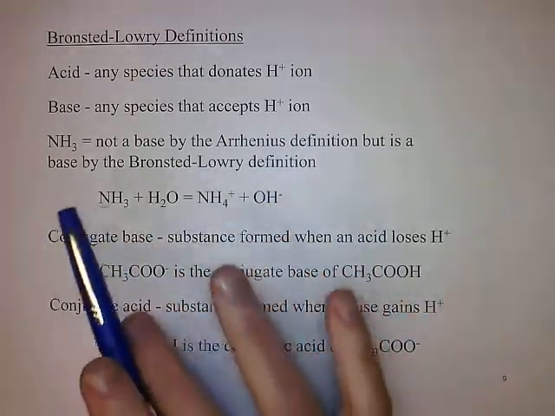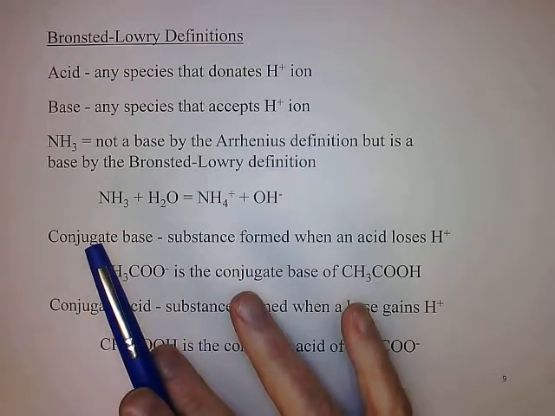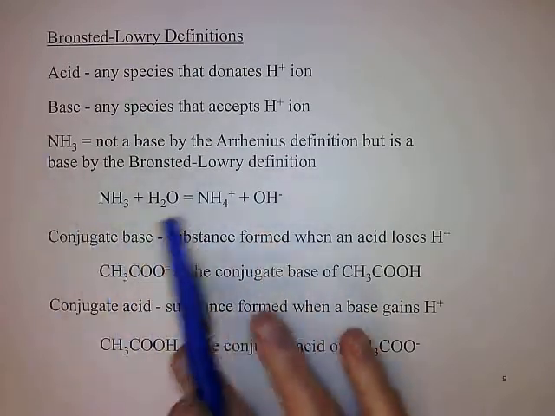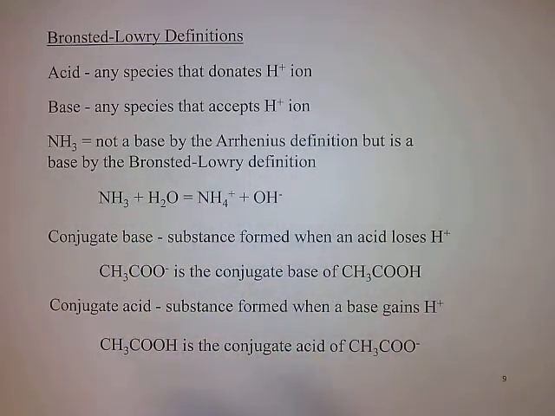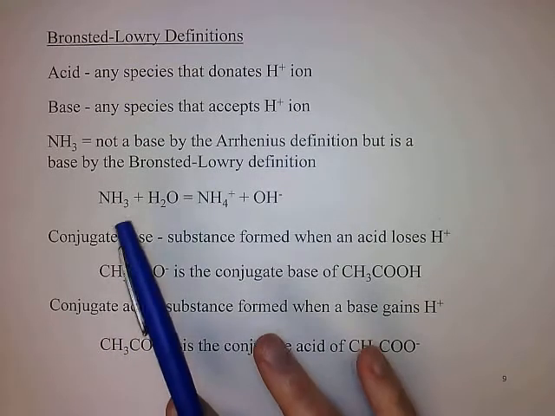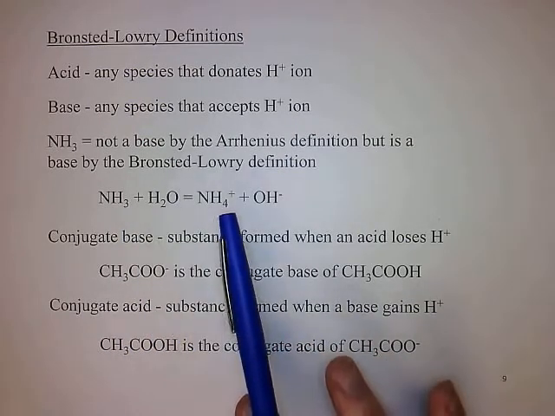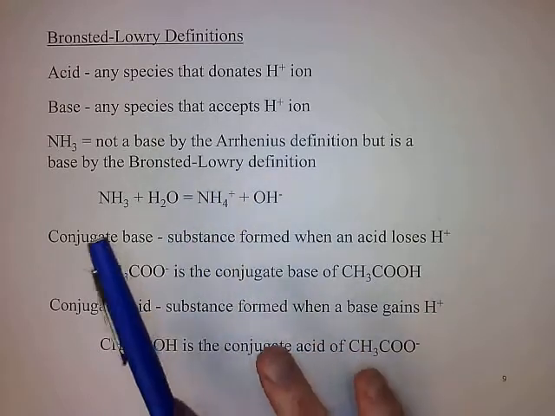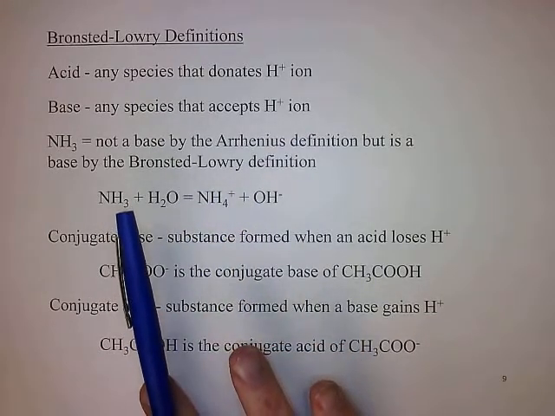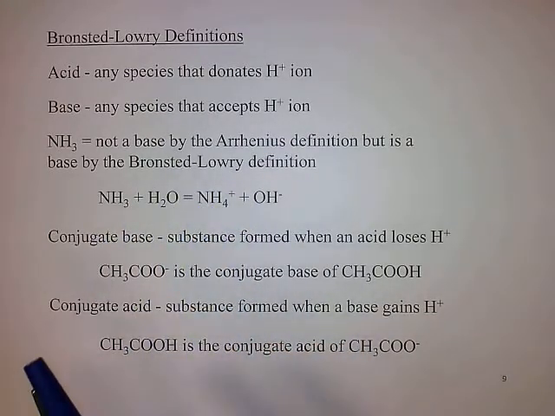The solution is basic because the ammonia reacts with water to form ammonium ion. In other words, ammonia is stealing a hydrogen ion away from water, and what's left over then is hydroxide.